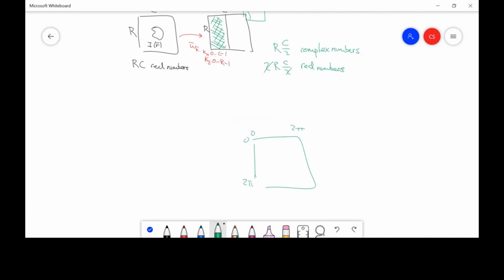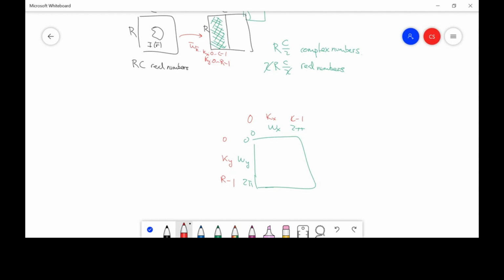So what goes from 0 to 2 pi is omega x and omega y. kx goes from 0 to C minus 1, and ky goes from 0 to R minus 1. So it depends on how you are counting. If you are going in indexes, you go from 0 to C minus 1. If you go in frequencies, you go from 0 to 2 pi.